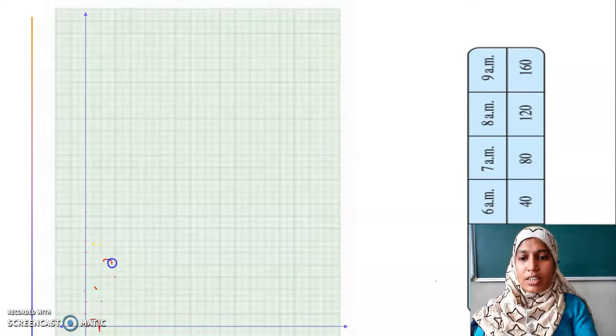This is the second point. Now then I have 8 a.m. I have 120. 8, 120. Here you will get the third point. Likewise, if you plot, you will get a straight line. Join this. Okay, my dear children.